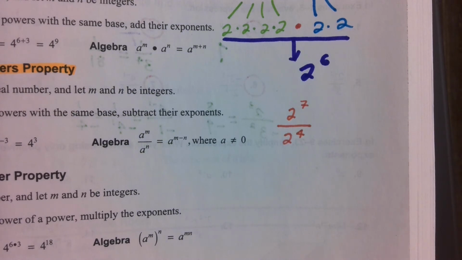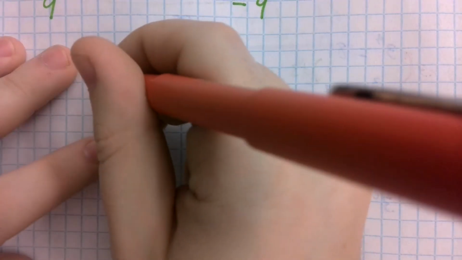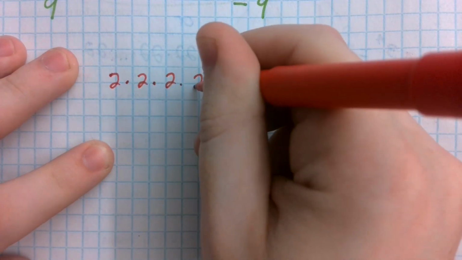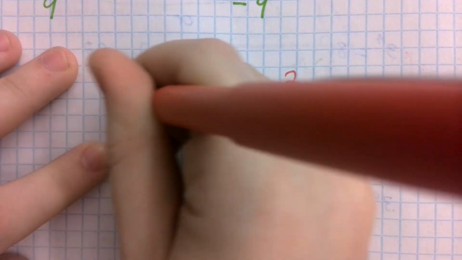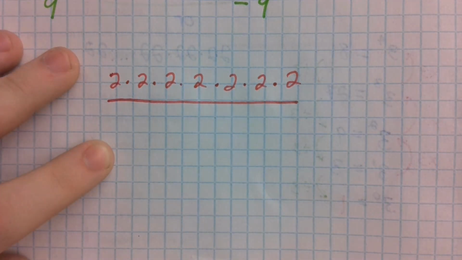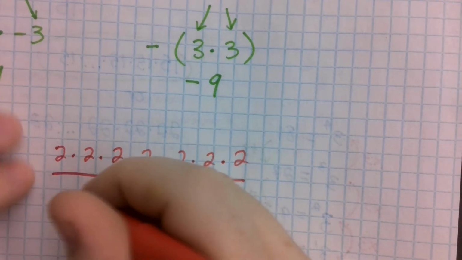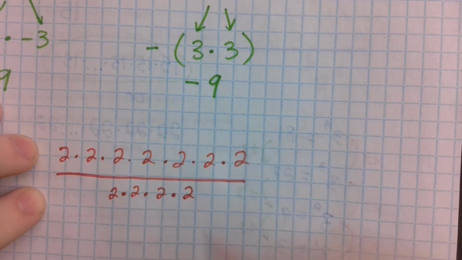I'm going to use a separate sheet of paper for this because this one's going to get a little bit bigger. But here's the basic idea. 2 to the 7th power is just 7 2's being multiplied together, right? 4, 5, 6, 7. And 2 to the 4th power is just 4 2's being multiplied together. So this is times 1, 2, 3, 4 2's.